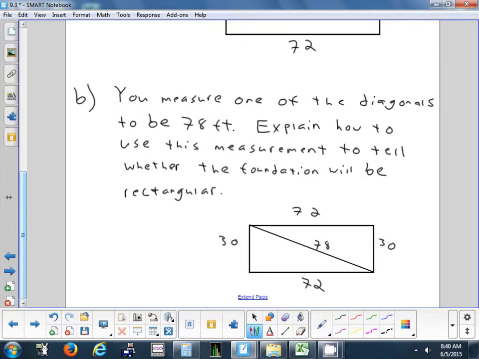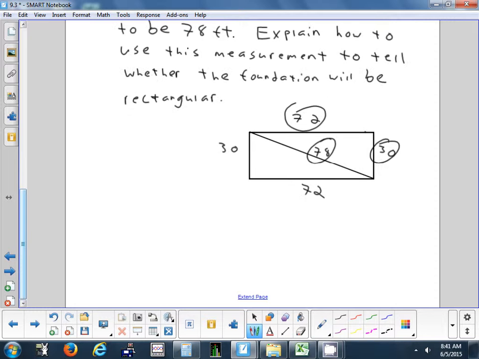So what could I do here to see if this foundation is rectangular? Yeah, do the Pythagorean Theorem. Let's do it on the top triangle. We're going to check and see if this angle comes out to 90. You're just going to use these three sides. It's just like the last couple problems I gave you. See if these form a right triangle. So Jacob, what would be my formula to check if the three sides I circled form a right triangle?